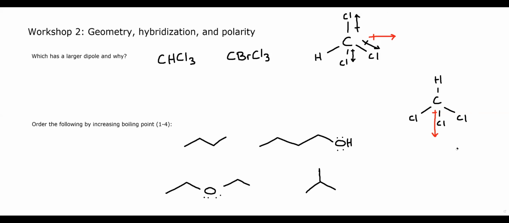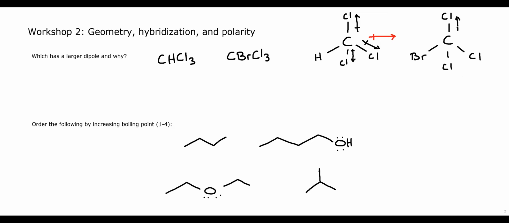So let's compare this to CBrCl3. Let's draw that here. Let's draw it the same way so that we can compare more clearly. Let's draw the 3 chlorines there and then draw our different atom in the same spot. So again, we have dipoles towards the chlorines in each direction.